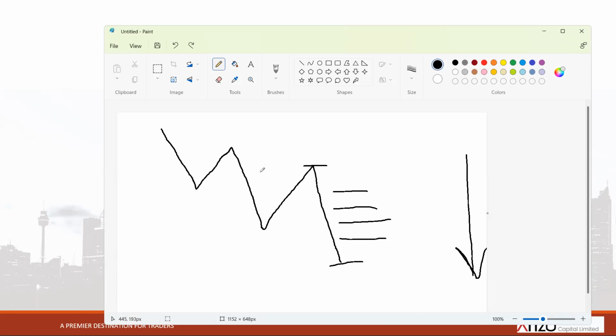However, once you've understood market structure, okay, most likely, right? The reason I say most likely is because if the market structure were always guaranteed, there would be only one trend. That means every single market would be trending in one direction. But we know that trends break and trends change, which market structure will also help us to identify.